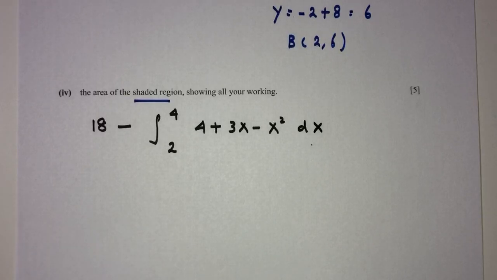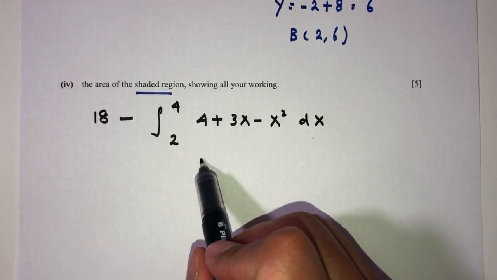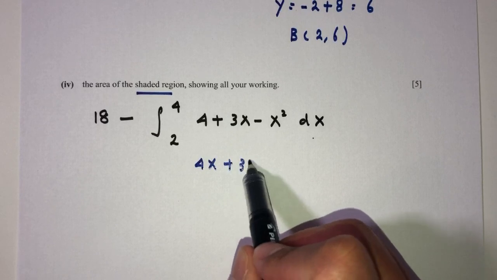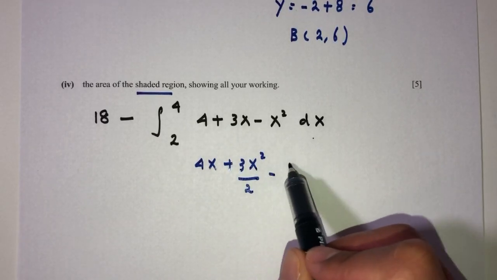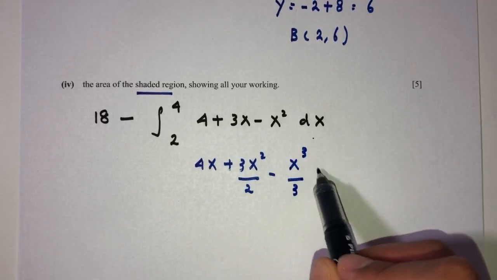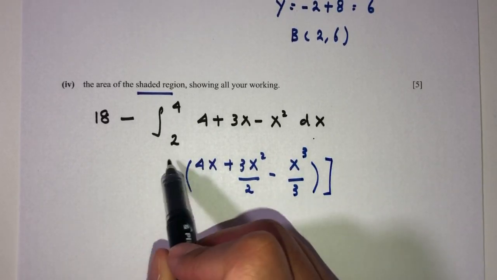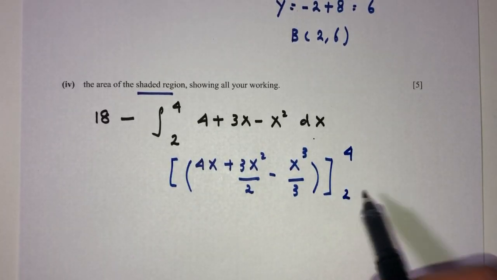So simplify. That will give you 4x plus 3x squared over 2 minus x cubed over 3. Limits are 4 and 2.